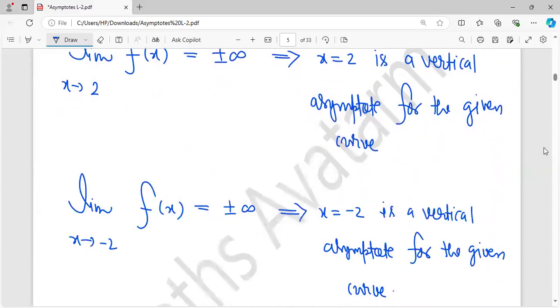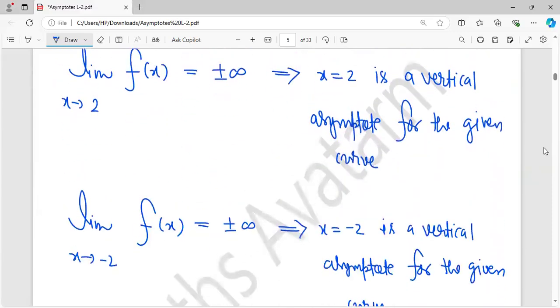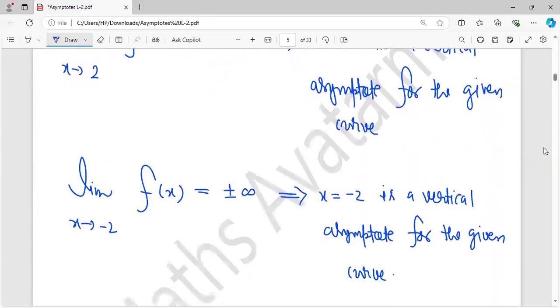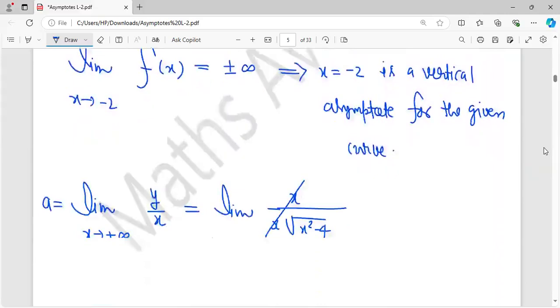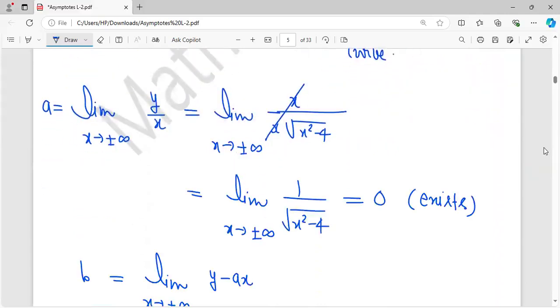Similarly, when x tends to −2, it is also plus-minus infinity, so this is also a vertical asymptote. Now we are taking x² here.